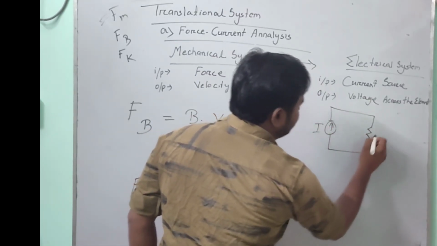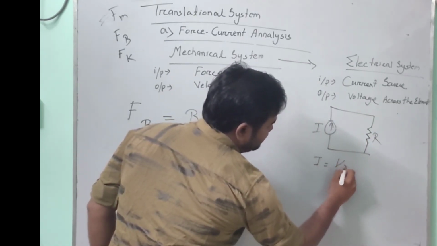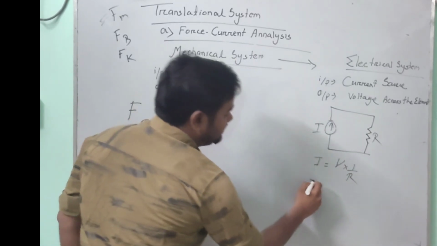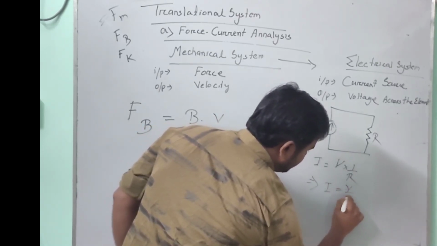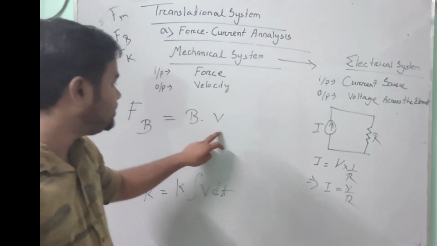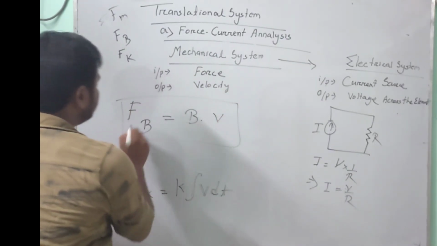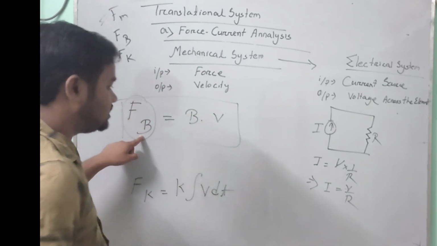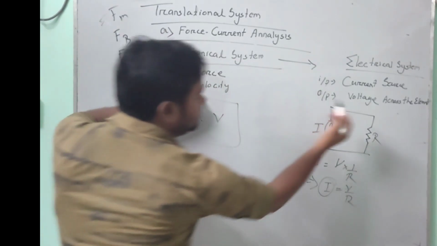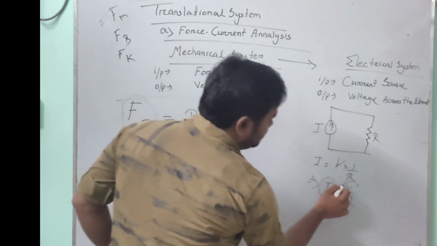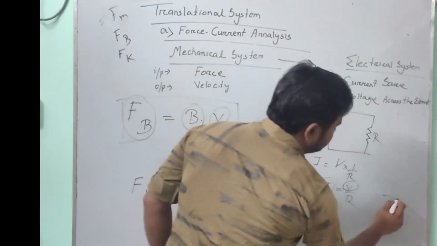So we know that I is equal to V into 1 by R, that is I is equal to V by R. The equation was B into V, and now the equation is I is equal to V by R. The force due to dashpot is converted into current, the output velocity is converted into output voltage V, and the friction dashpot B is converted into 1 by R resistor.